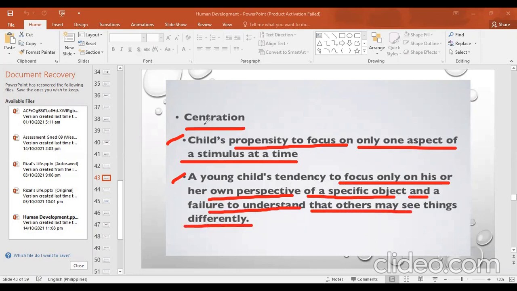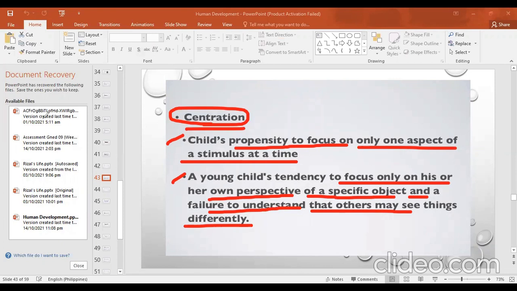In short, when we talk about centration, nakafocus lang siya doon sa sarili niyang perspective. Kumbaga, kung ano yung nakita niyang object, halimbawa, a circle, ayun lang yung focus niya. No, hindi na siya nagpapalawak ng ideas.